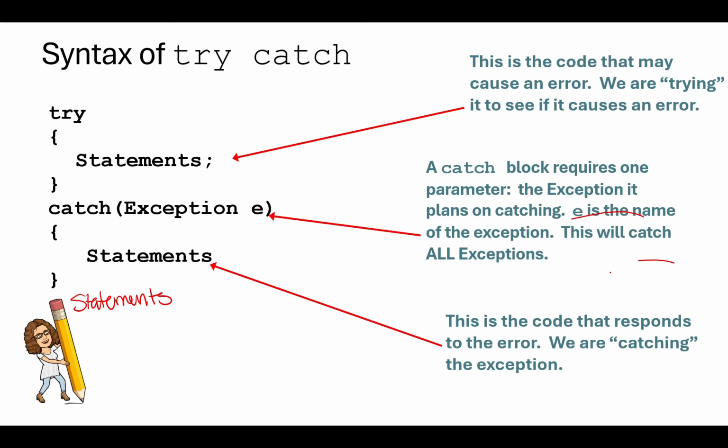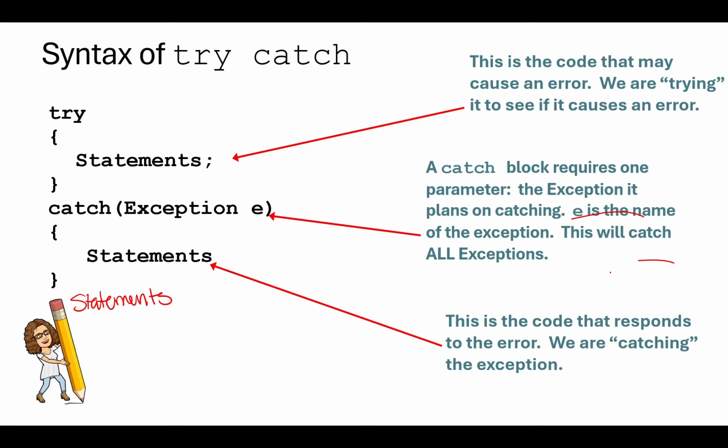When you just put Exception e, it catches all exceptions. There are ways to personalize exceptions, so you can have a division by zero exception caught differently than an input mismatch. However, if you just put Exception e, that catches all possible exceptions that could happen in that particular area.